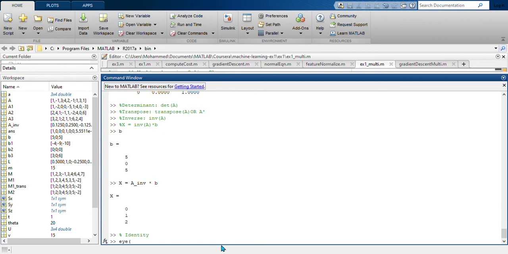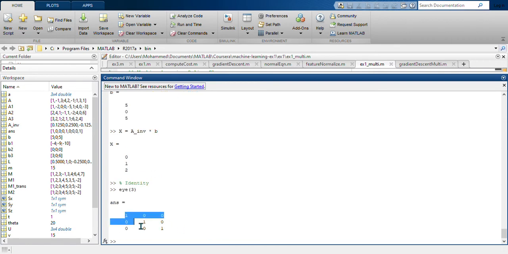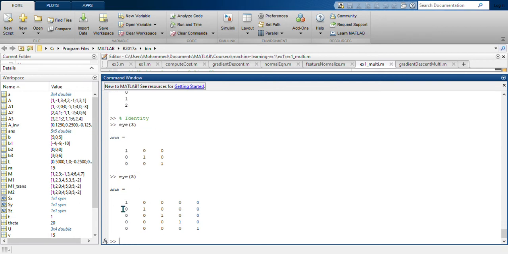So let's say the dimension is 3. eye(3) gives a 3 by 3 identity matrix. You see here, it has ones on the diagonal, and the off-diagonal numbers are 0, with 3 rows and 3 columns. If you write eye(5), it gives us a 5 by 5 identity matrix. We can have a 10 by 10 identity matrix.